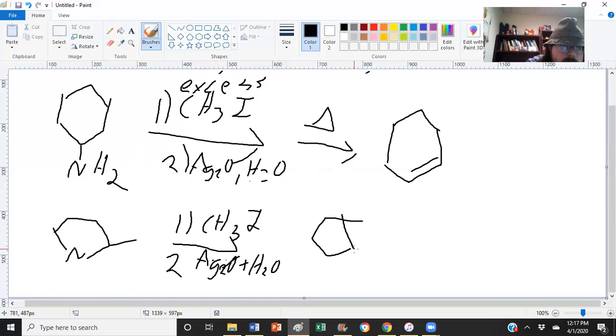So let me erase that. Try to make this look at least semi-drawn competently. So we have the ammonium hydroxide.